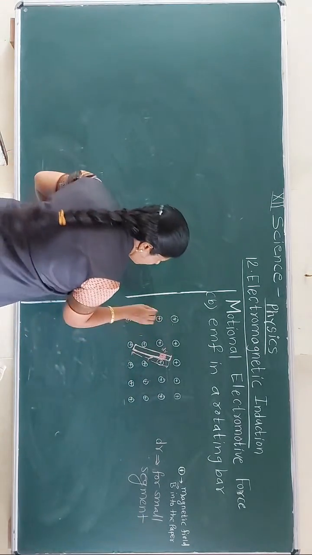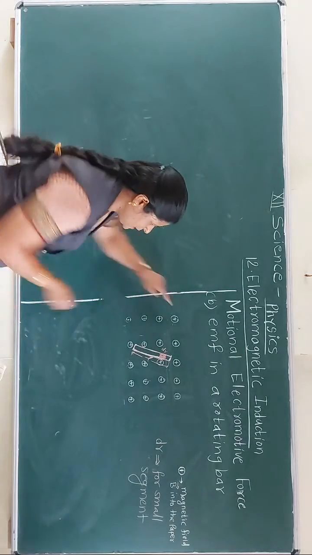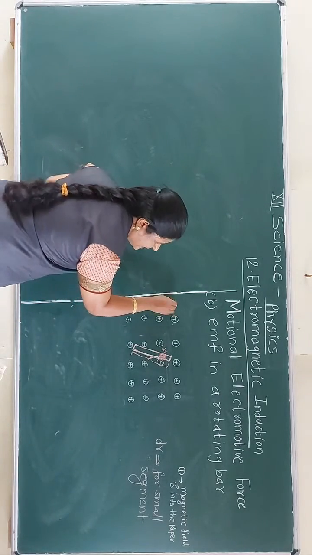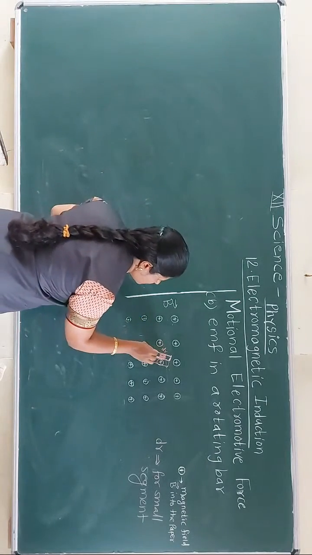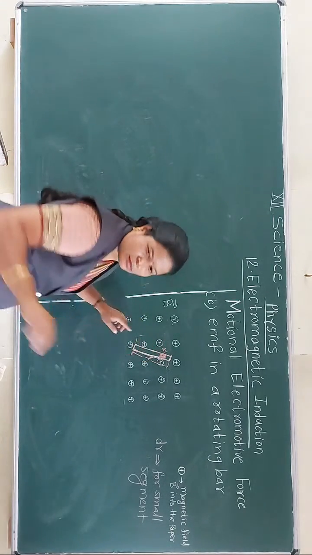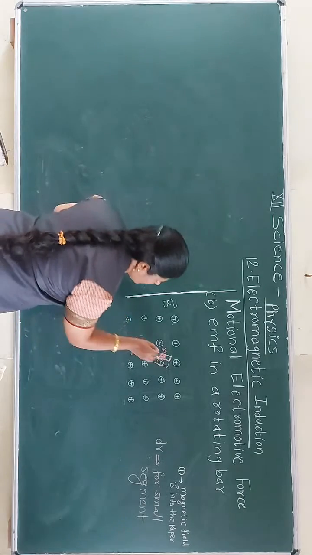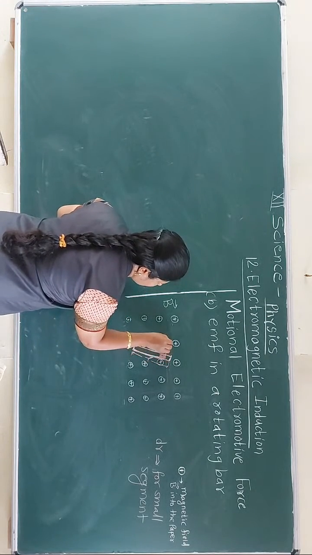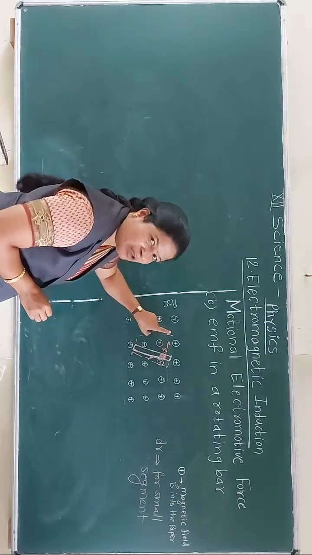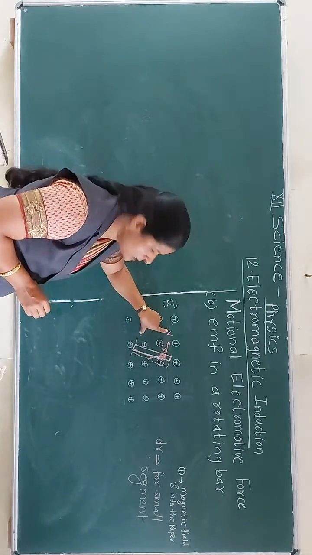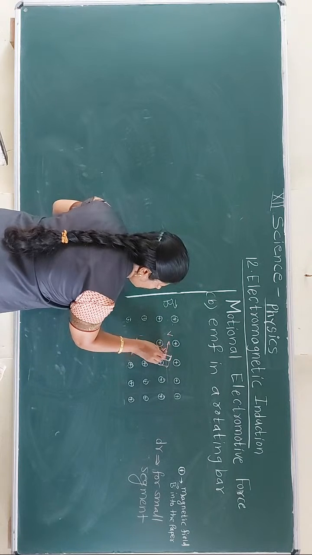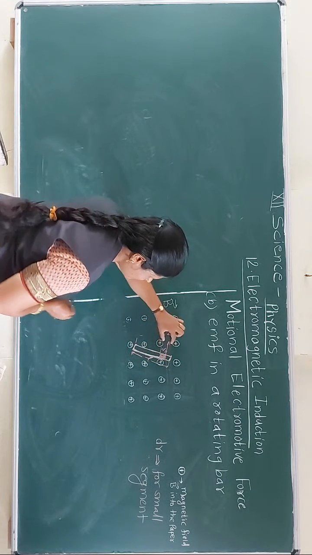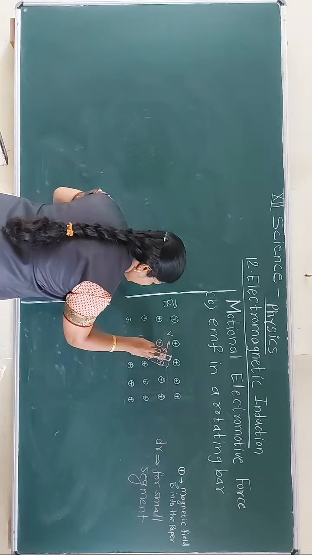Now, this is the magnetic field as shown here. B is the magnetic field. This distance is R. v means velocity, and from this point, the small segment dr, this distance is r.